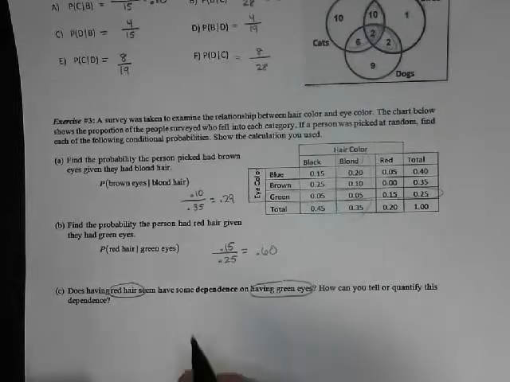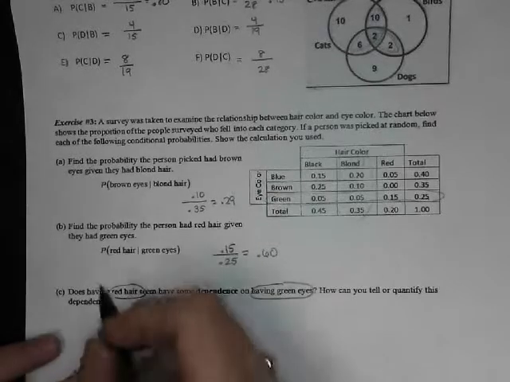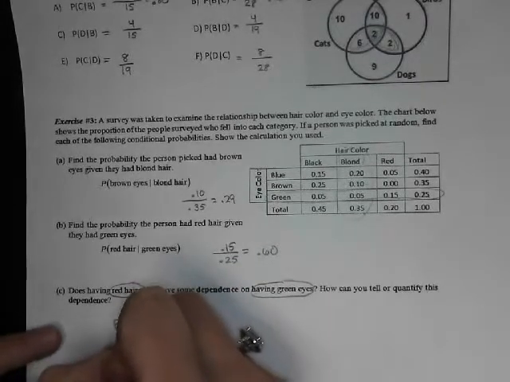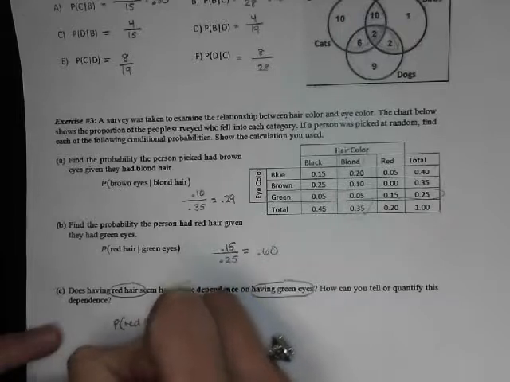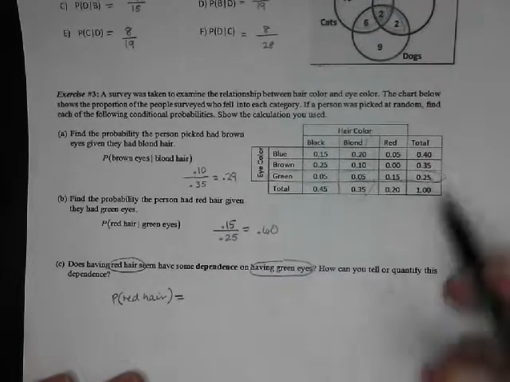Here's how you have to decide whether or not two events are independent of each other or might have some sort of dependence or causality between them, something causing the other thing. You want to look at your probability of having red hair on its own. If you're just a regular person, what's your probability of having red hair?